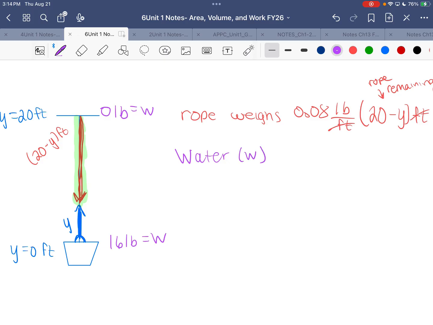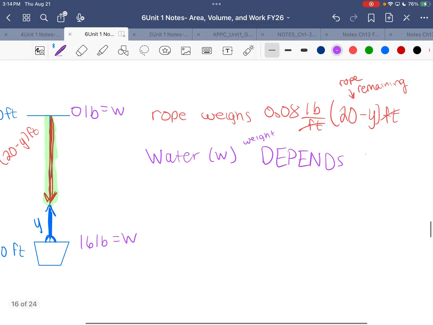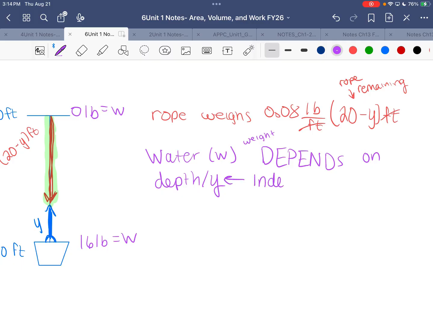So our water is W. As we are lifting this bucket up, we are losing water with respect to the height of the bucket, or the Y. So our water weight depends on the depth, or the Y. The Y is our independent variable.